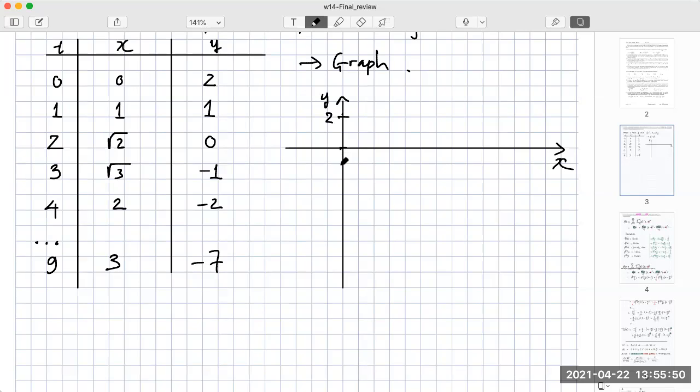Right here it will be -1, -2, -3, -4, -5, -6, -7.